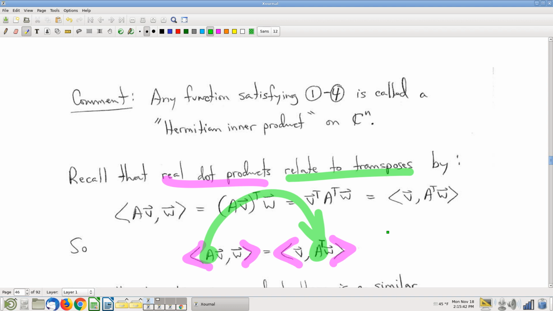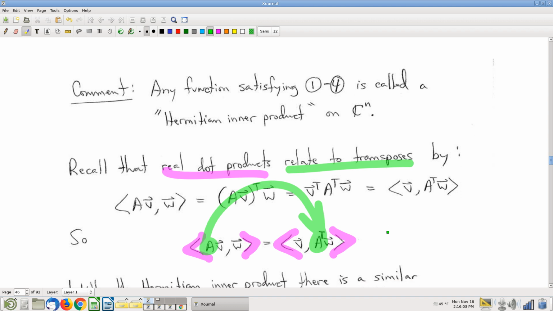So the next natural question is, since I've adapted the dot product to my Hermitian context, is there some easy way that I can adapt the notion of transpose to look vaguely like a transpose, but different in such a way that allows something like this to actually still be true? And yeah, there's totally a way to do this.